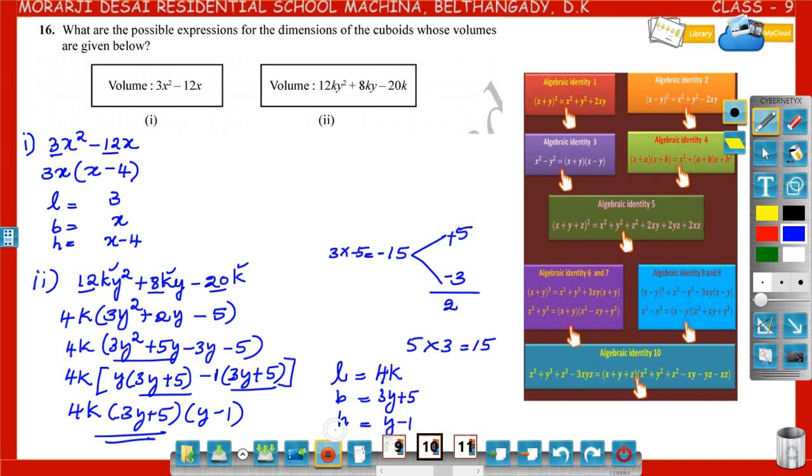You can interchange length, breadth and height. So length is 4k, breadth is 3y plus 5, height is y minus 1. Or you can take length as 4, breadth as k into 3y plus 5, height as y minus 1. Or you can take length as y minus 1, breadth as k into 3y plus 5, height as 4.